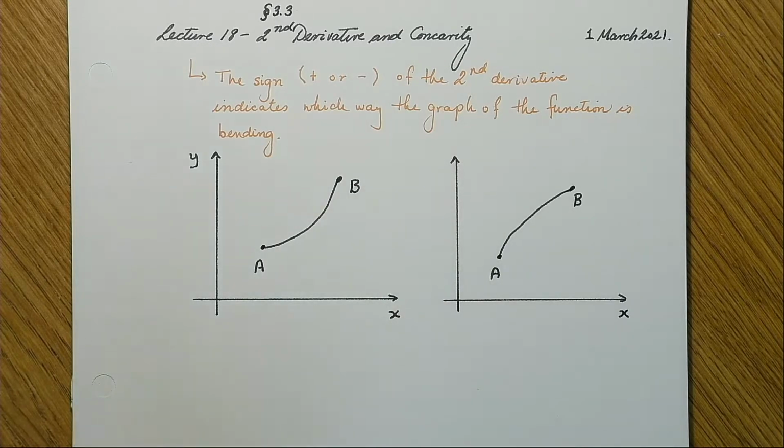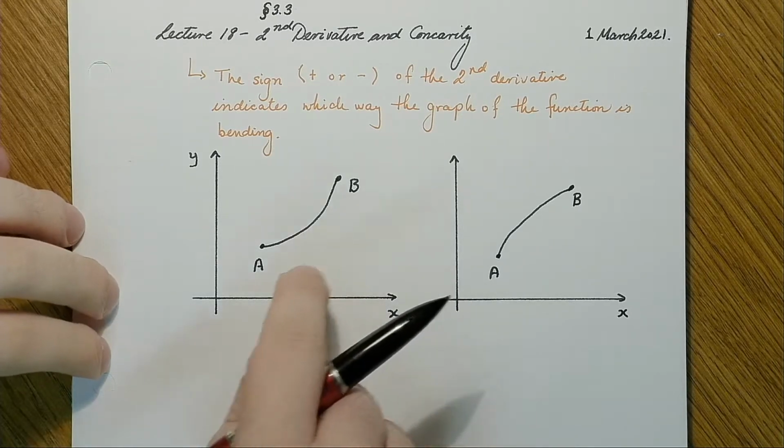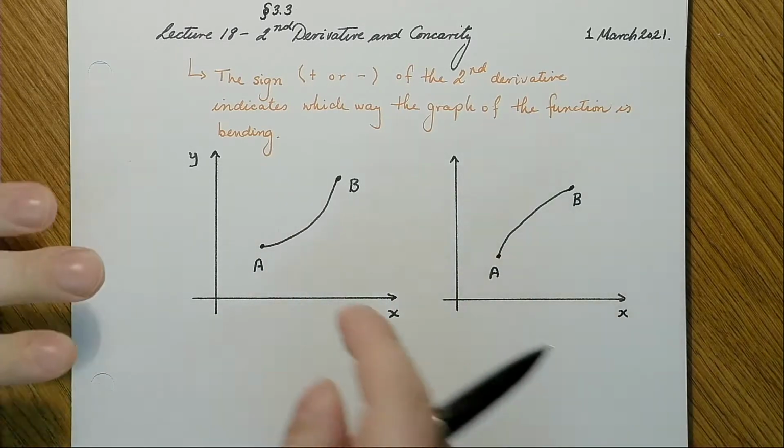Now, why do we care about what the graph looks like? Again, it depends on the context of the problem. For instance, if you're running a company, this is the kind of growth that we want. We want it to keep growing bigger, faster.